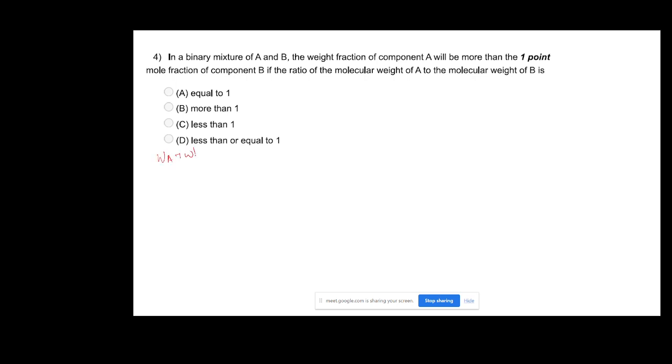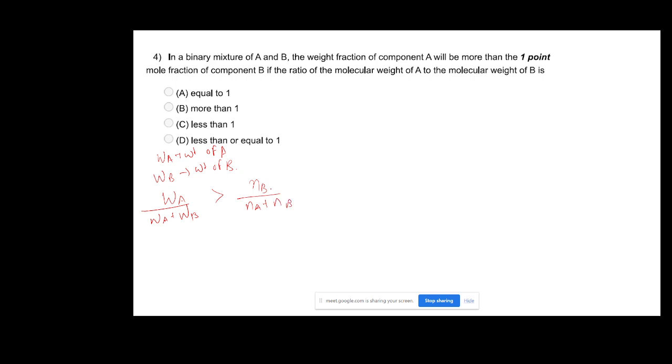is weight of A, WB is weight of B. So weight fraction of A is nothing but WA by WA plus WB. Now it is more than the mole fraction of B. Now mole fraction of B is what? Moles of B upon total number of moles.